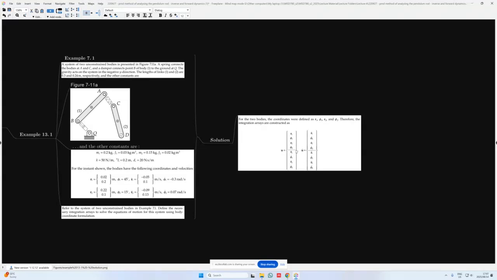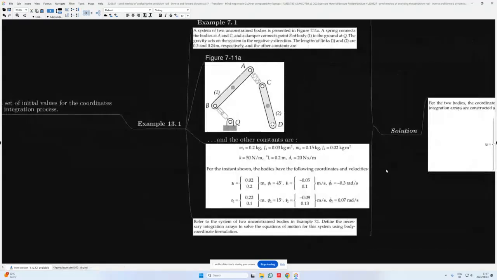If we write all of them in the correct form, we end up with our u vector, which is first the coordinates associated with body 1, then the coordinates associated with body 2. Then we just place a separator line over here, and below that we consider the velocities of body 1 and the velocities of body 2.